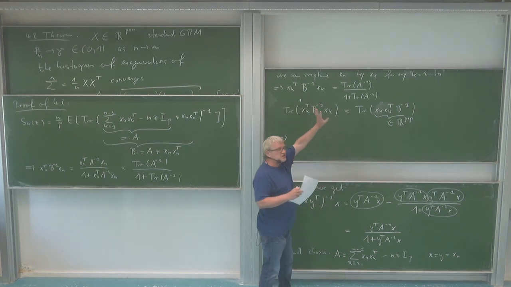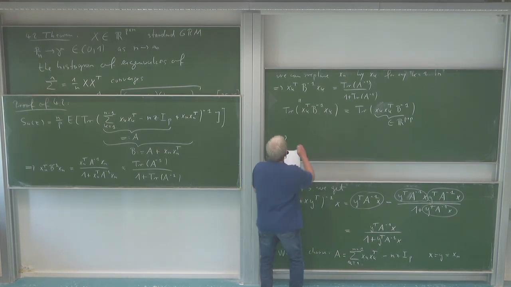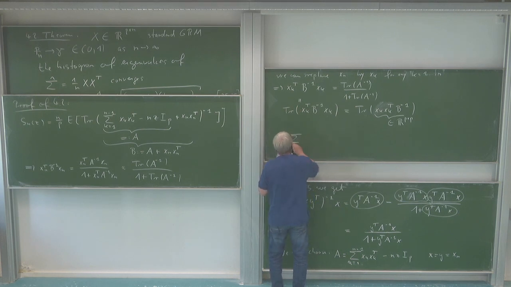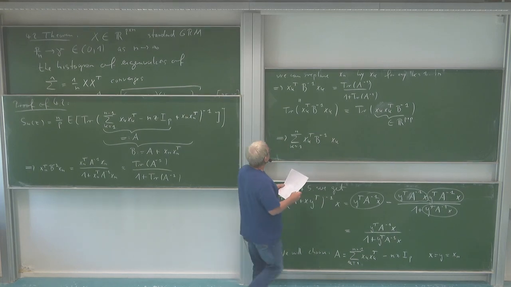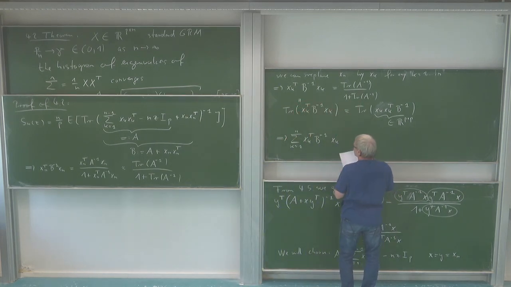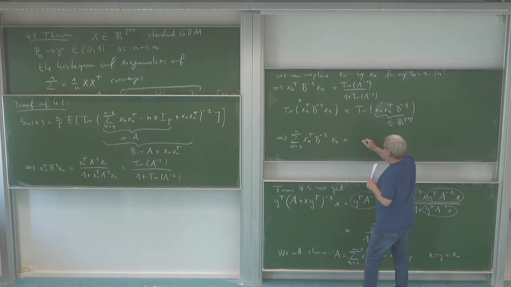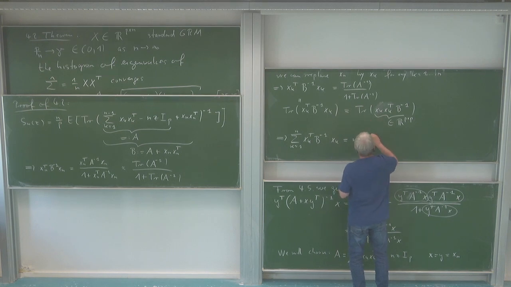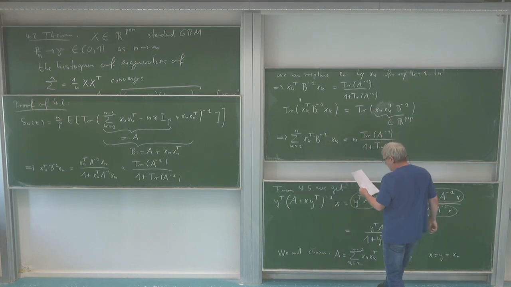I have this equation for each k, and now I'm summing over all the equations which I have for all the k's. So I'm summing from 1 up to n xk transpose b to the minus 1 xk. And each of these terms is equal to this. So if I'm summing this over n terms, I just get n times this here. So this is n times what I have here, the trace of a to the minus 1 divided by 1 plus the trace of a to the minus 1.